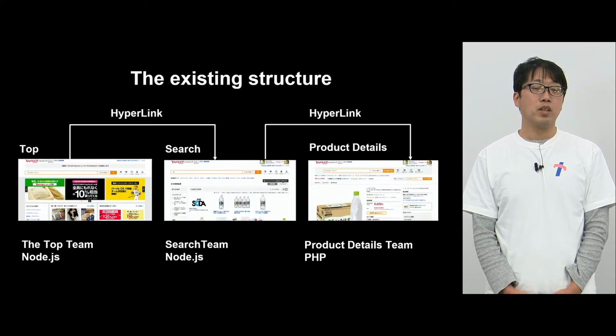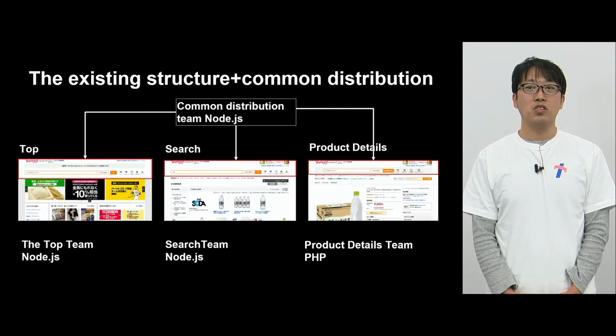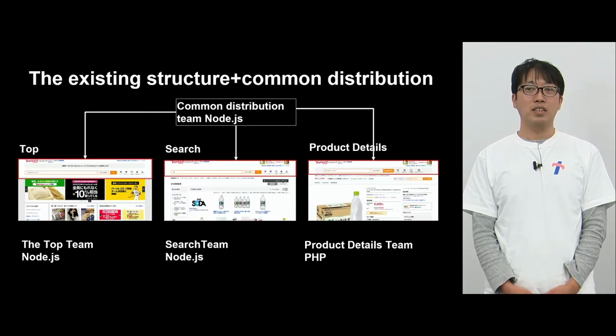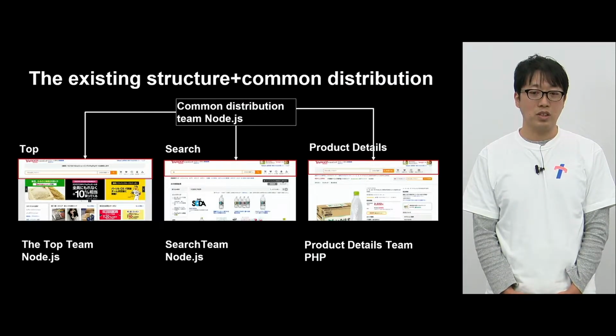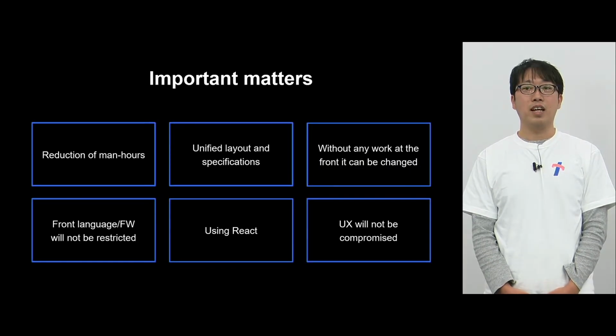Deployment can be done independently. The strength is its simple structure, but duplicate development of common UI was a disadvantage. In order to overcome this, we decided to maintain the existing structure, and for the common UI, we would distribute the one prepared by the common distribution team.